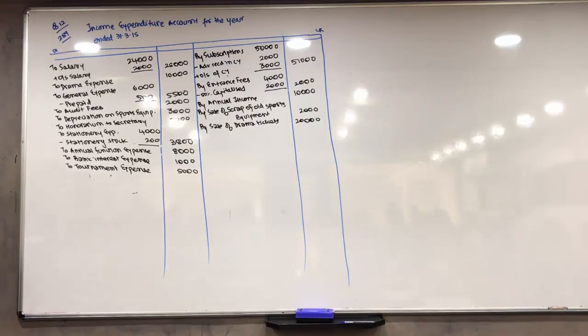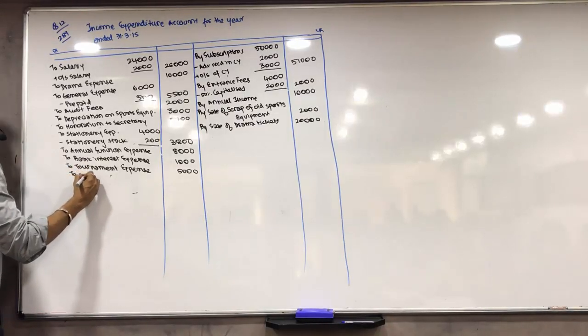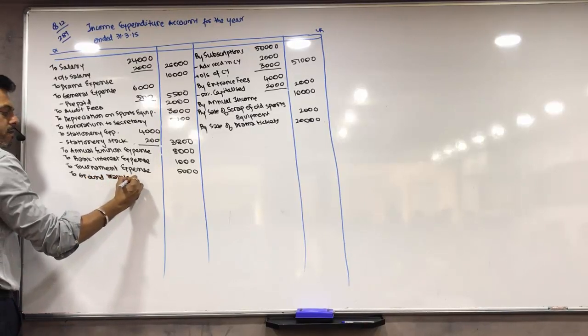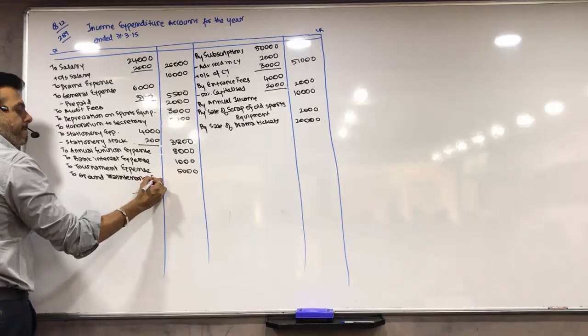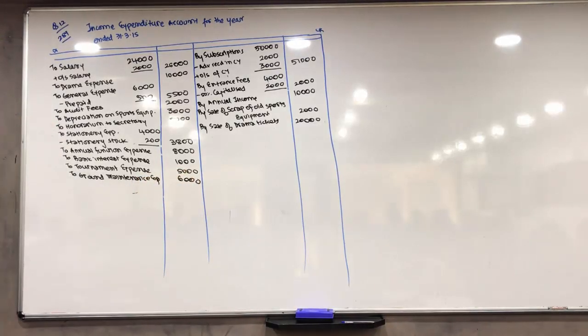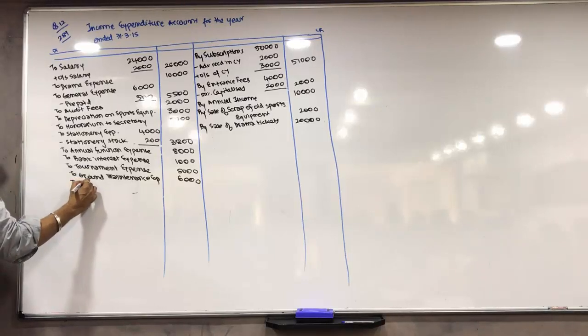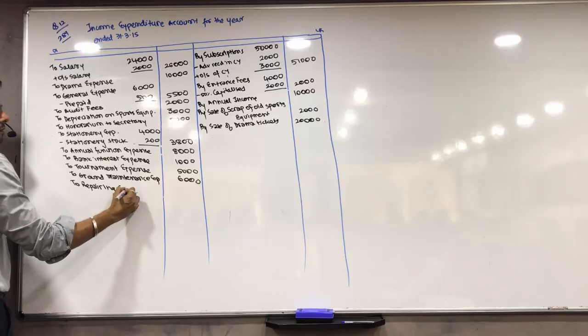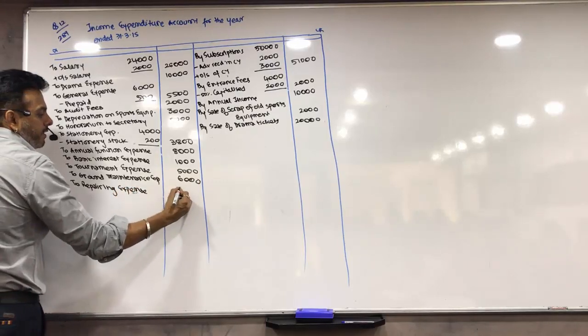Ground maintenance expense 6,000. Repairing expense 3,000.